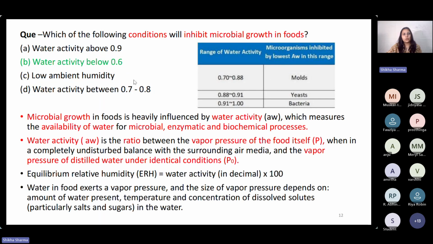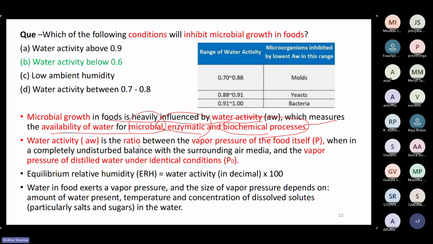So they are correct that microbial growth in food is affected by the water activity, and water activity is a measure of the availability of the water for microbial growth or any enzymatic reaction or any biochemical processes.